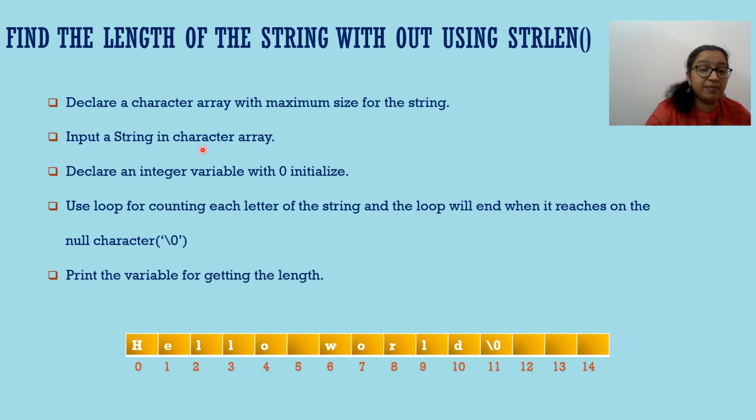So the first time that integer variable is on the 0th position. Then second time we move on to the first position, then second, then third, 4, 5, 6, 7, 8, 9, 10, 11. So when it reaches the \0 position, the loop will end. So that's why we are using a loop for counting, because the same counting process is going on. Okay, so we need a loop for that.